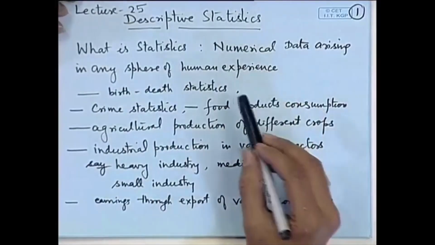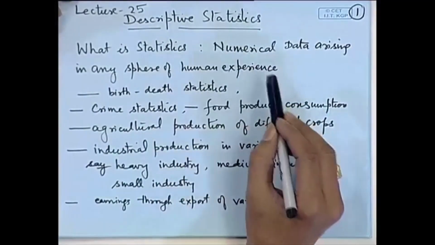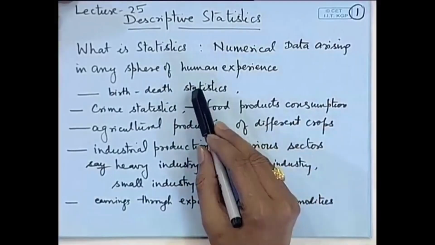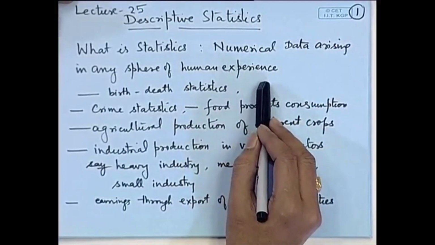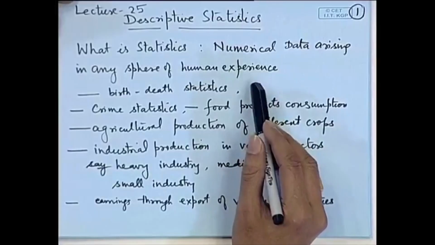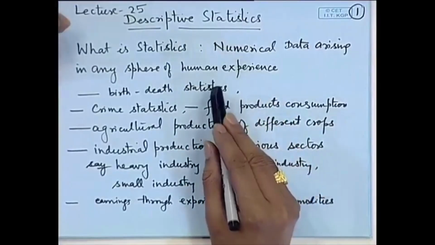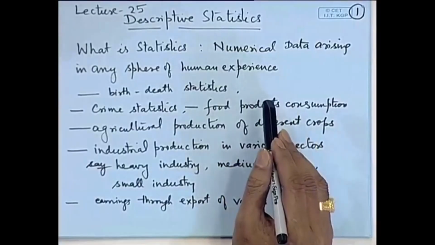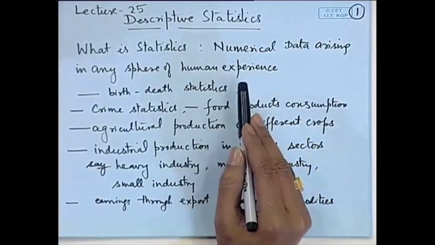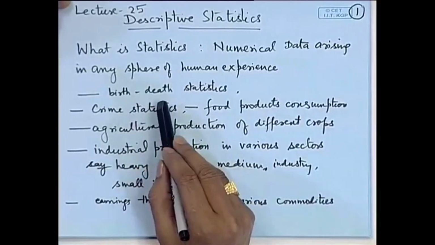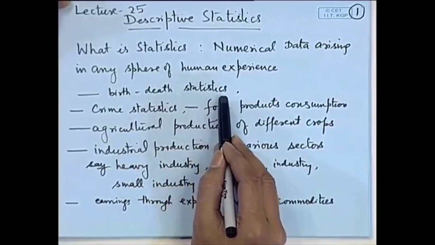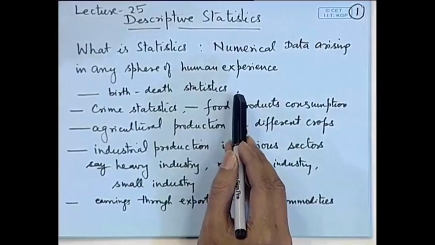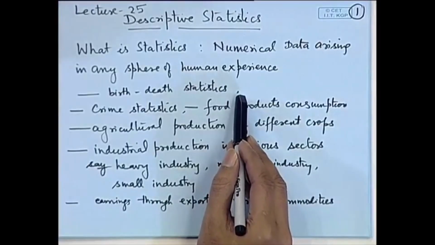In the plural sense, when the word statistics is used, it refers to numerical data which arises in any sphere of human experience. So, in our day to day life, from the following examples, I will try to show that everywhere we are making use of statistics. For example, the records of birth and death are kept in every municipality or in village or in town office.